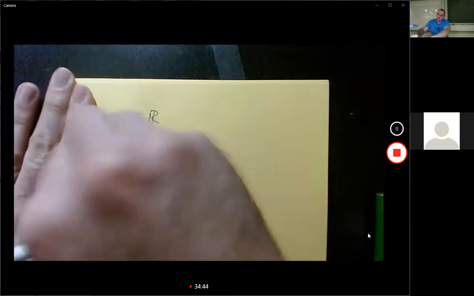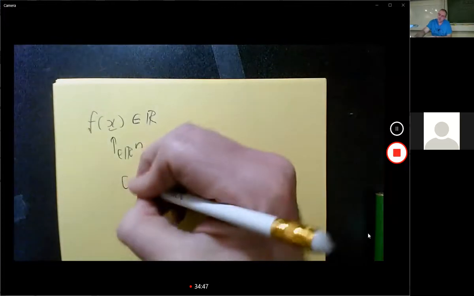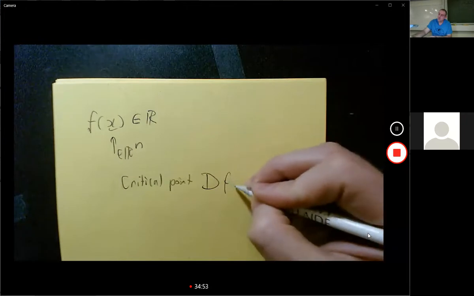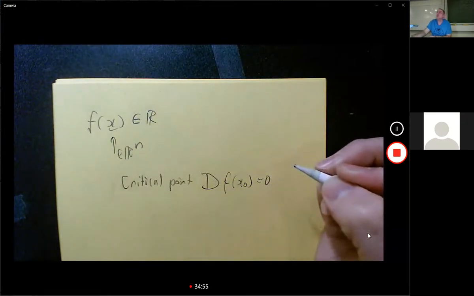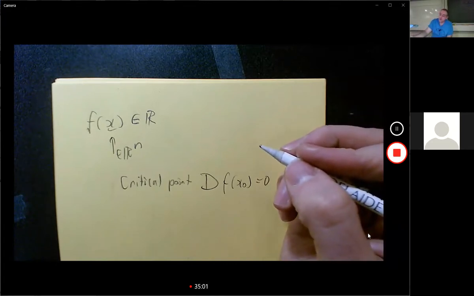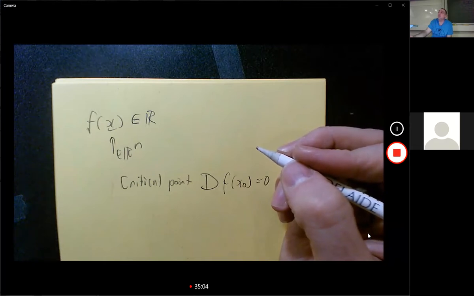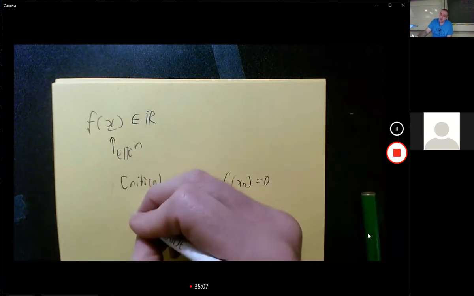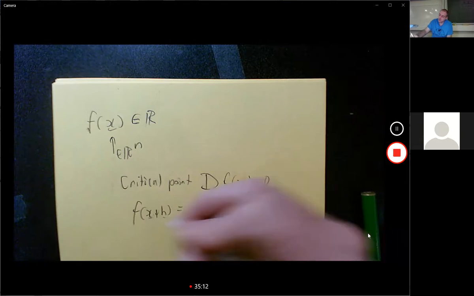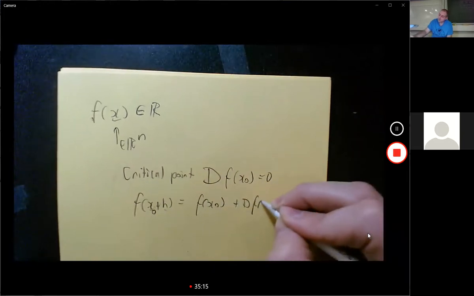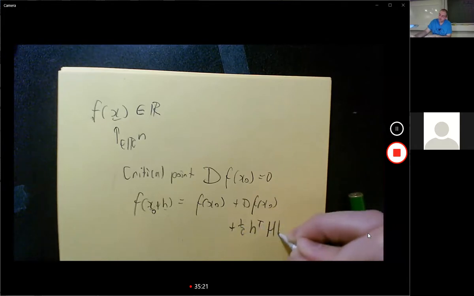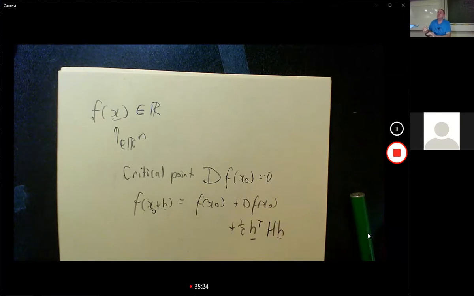So at a critical point, the derivative of f at that point is 0. Yep. Okay. In every direction. Okay, cool. And so we get that. Like that. That's what it said.